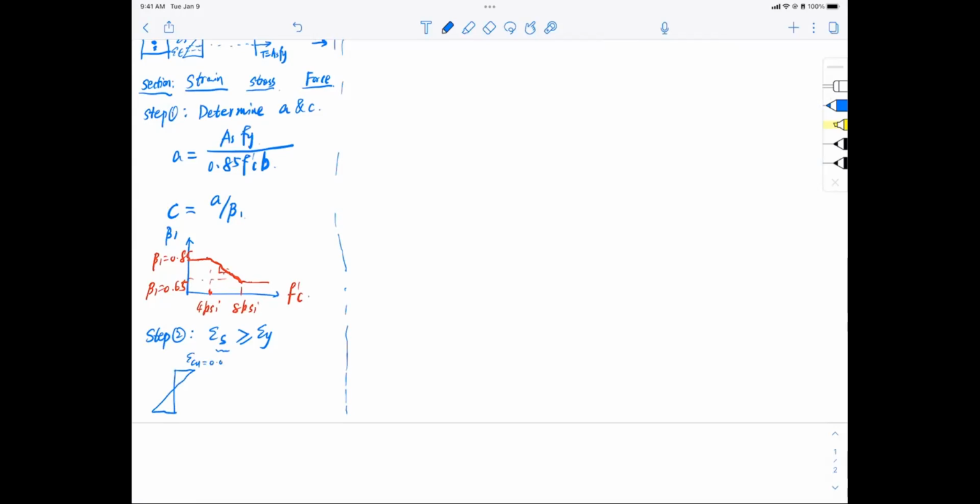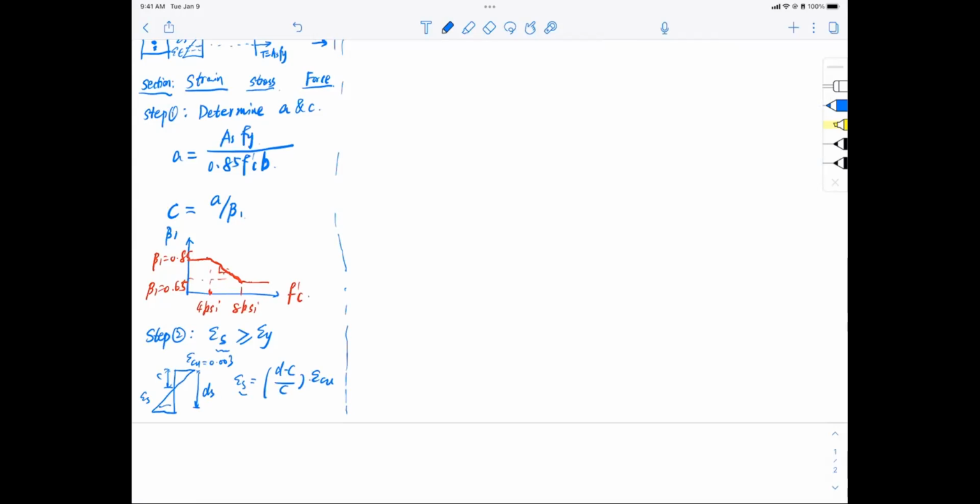Mind you that is 0.003. And this is epsilon s. We don't know that, but you have the c and you have the ds. So all you have to do is use the trigonometry equation epsilon s equal to (d minus c) over c multiplied by epsilon cu to get your strain in the steel. And this is the s strain, not the t, okay?